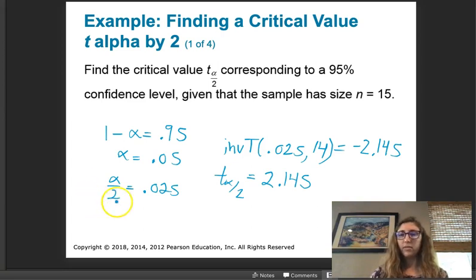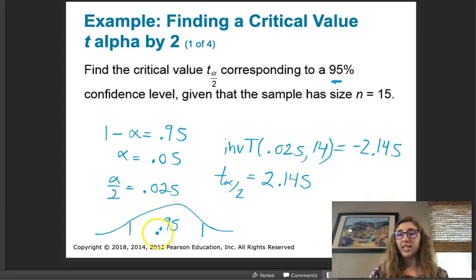Okay, and I do want to mention quickly here, if it helps you to draw your distribution to think about the areas, please do that. If we have our terrible distribution here, we know that this middle part has to correspond to our confidence level. So this would be 0.95, so that's 95% here.